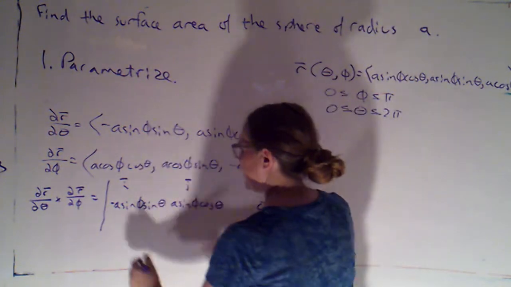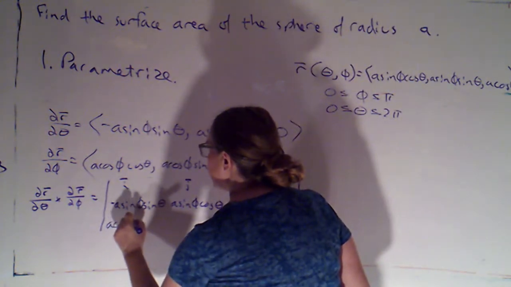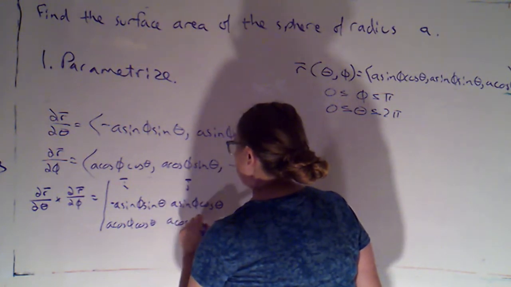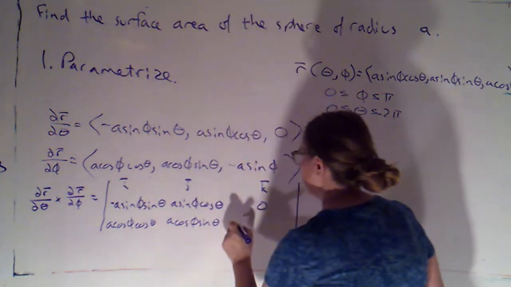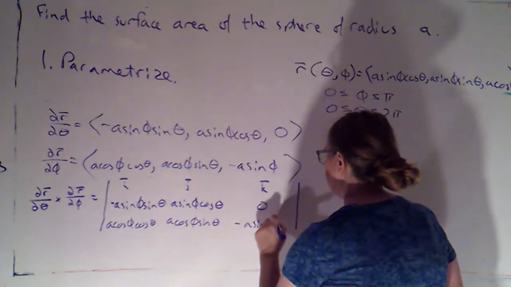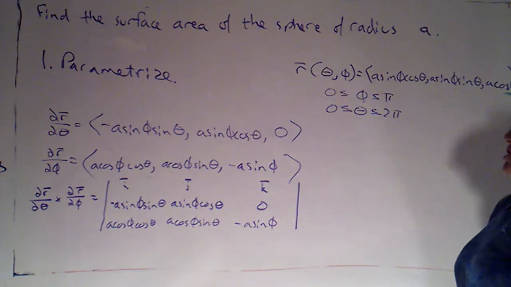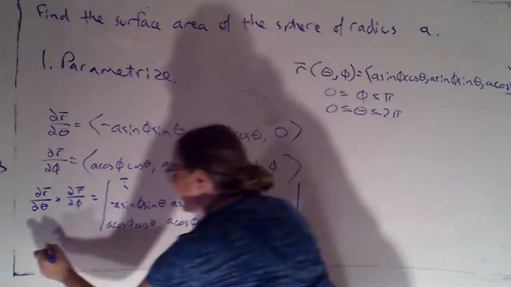And then this is my last row, a cosine phi cosine theta, a cosine phi sine theta, negative a sine phi.